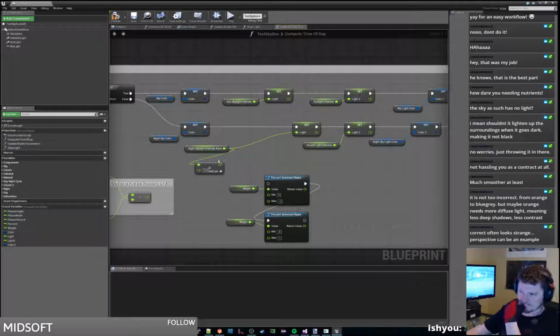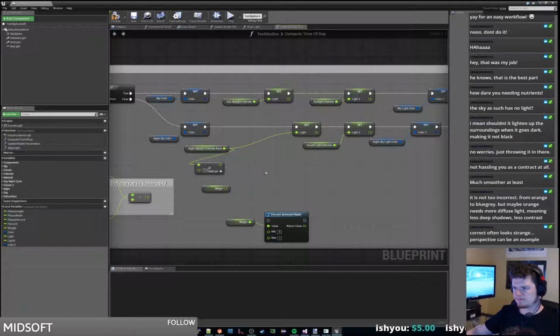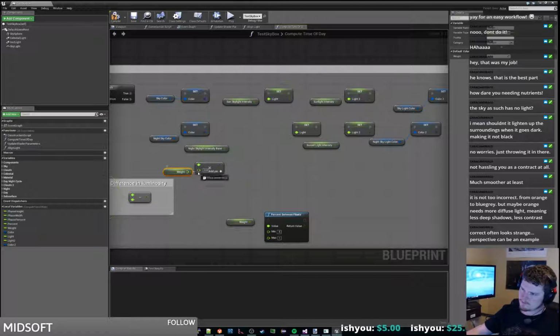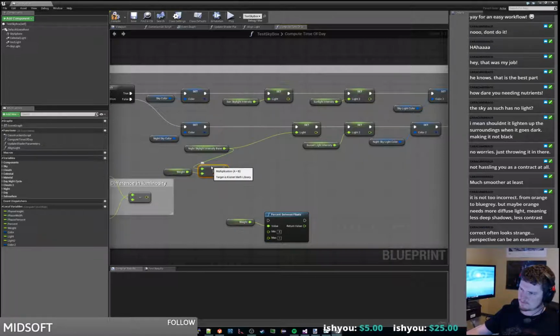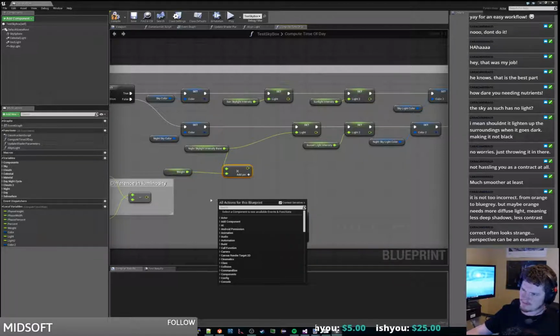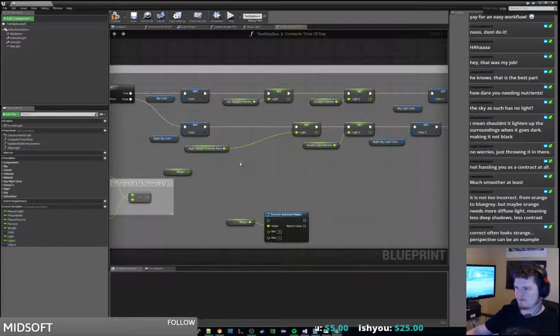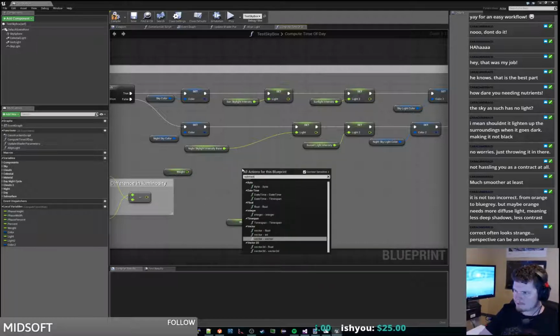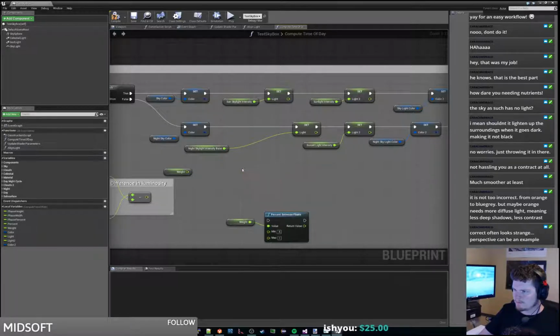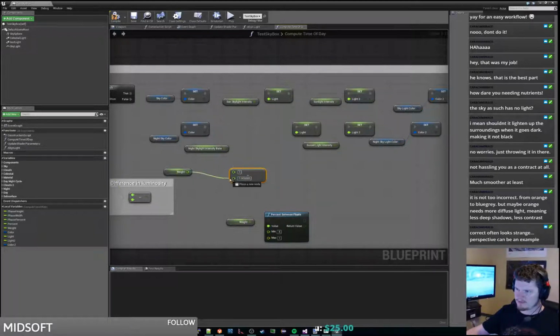Okay, so I think that's what we want to do, it's the weight. Yeah, it's like 1 minus the weight.